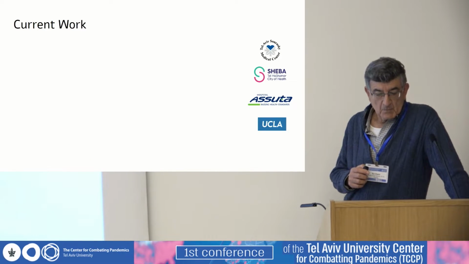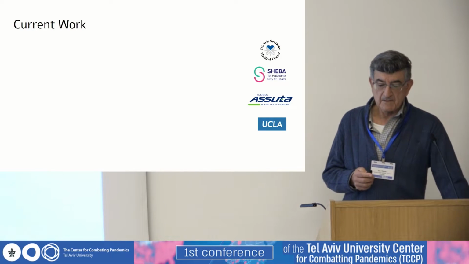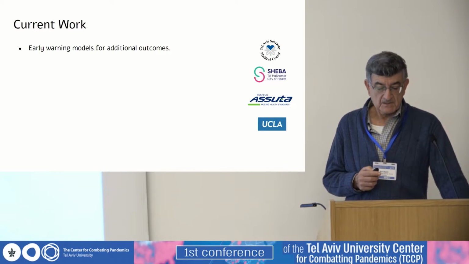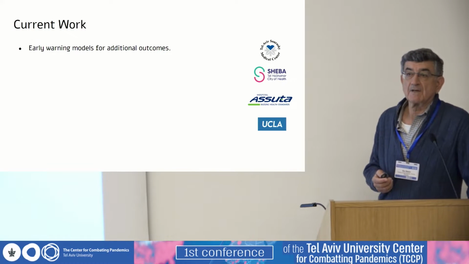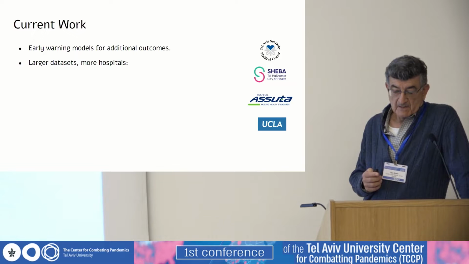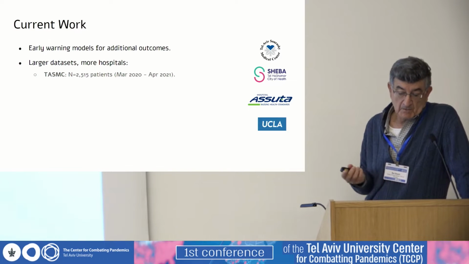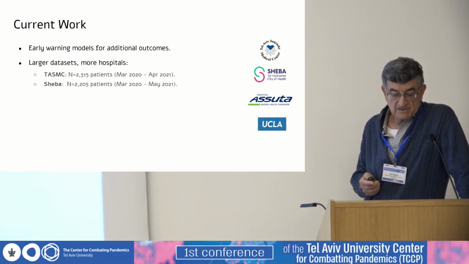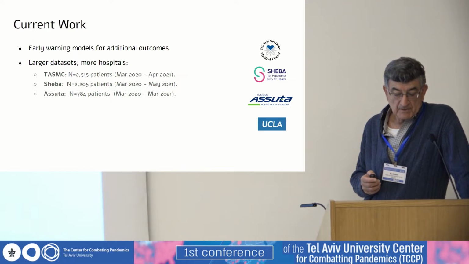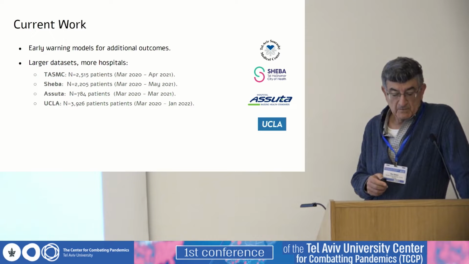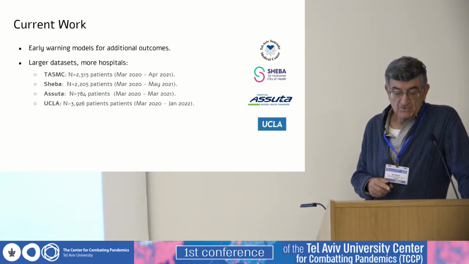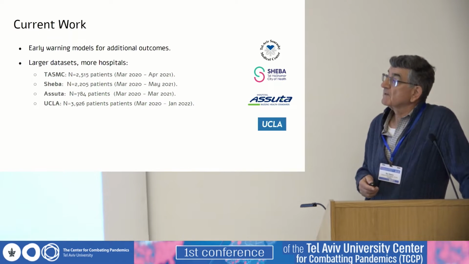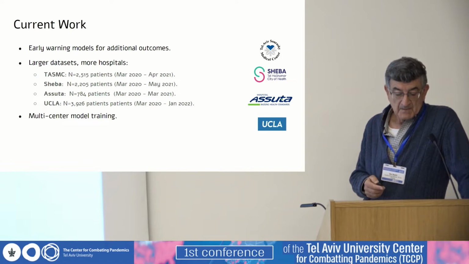Okay, the work still goes on, and we have now a larger cohort, and we also want to try additional events. In addition to Ichilov and Shiba, where we have now longer data sets, we also have data from Assuta, and we have a collaboration with UCLA where we are going to use their data as an external validation set, altogether nearly 10,000 cases.